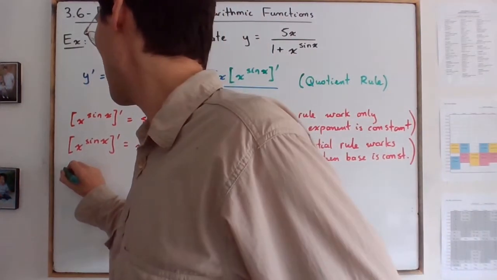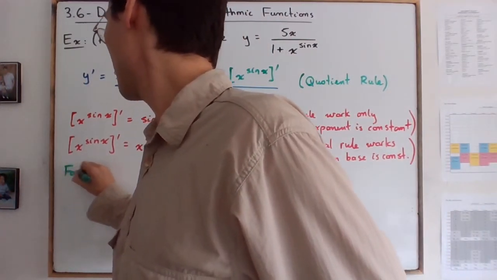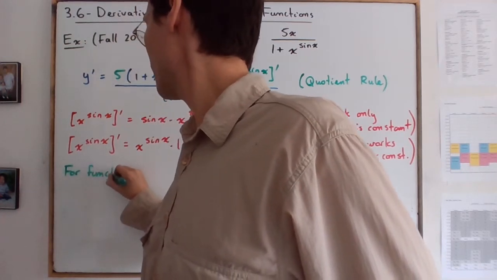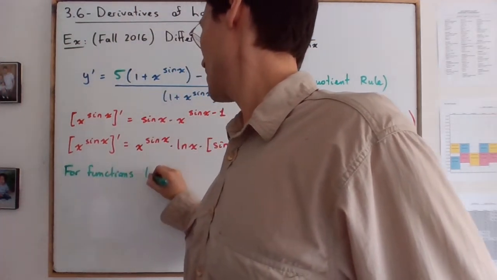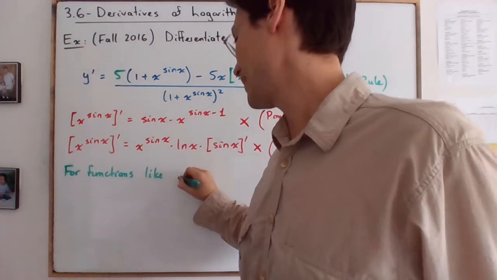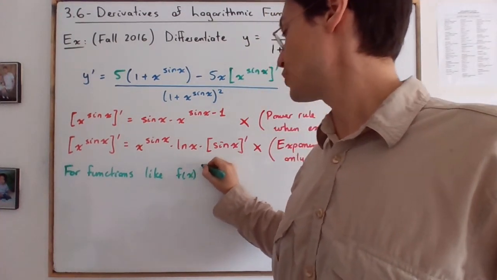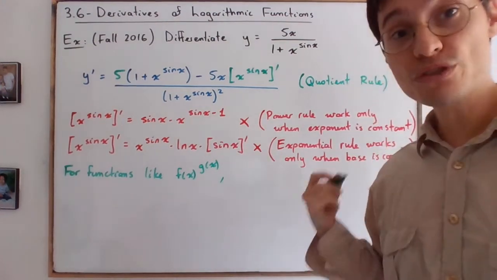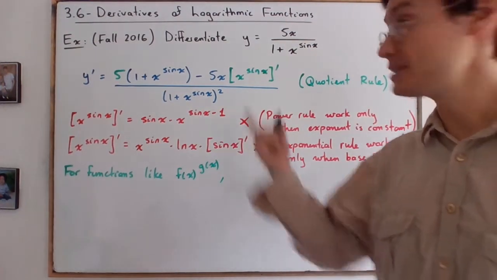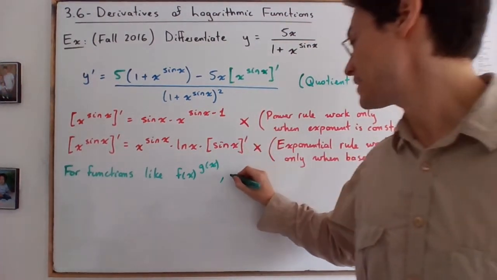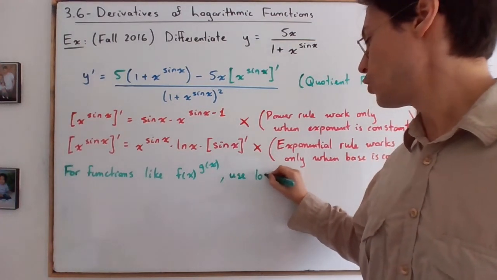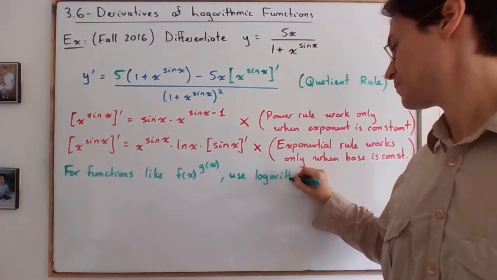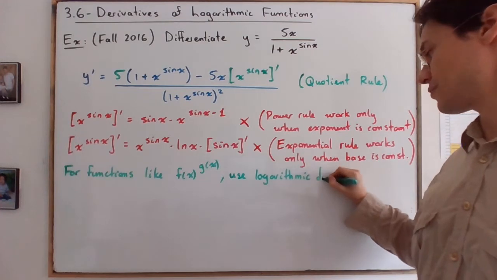For functions like f of x to the power of g of x, we need to use the technique that we've learned in this section, which is called logarithmic differentiation.